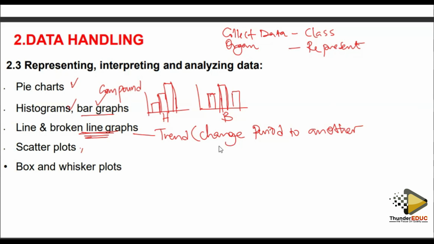Scatter plot, this one is to show the correlation between the data that you picked. But it's not a straight line.